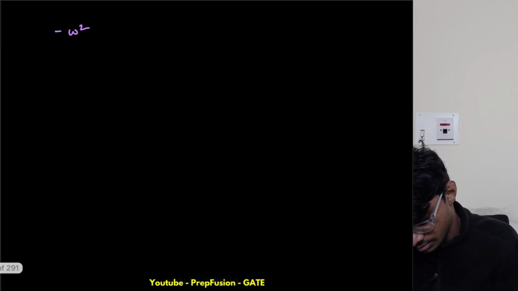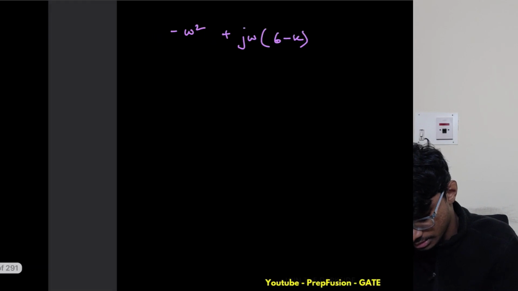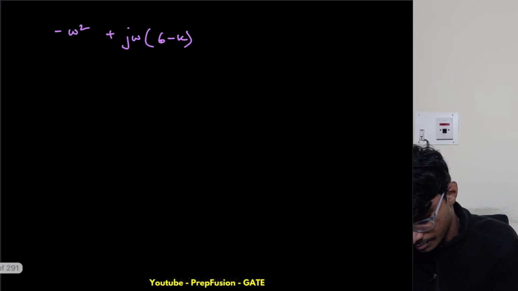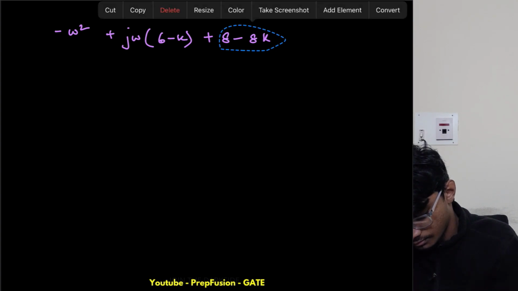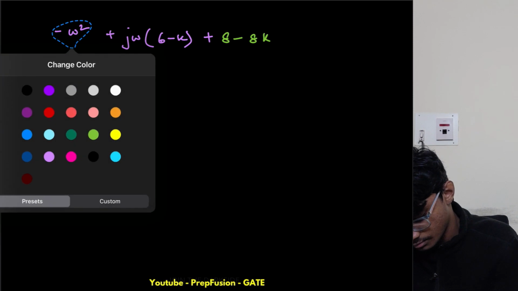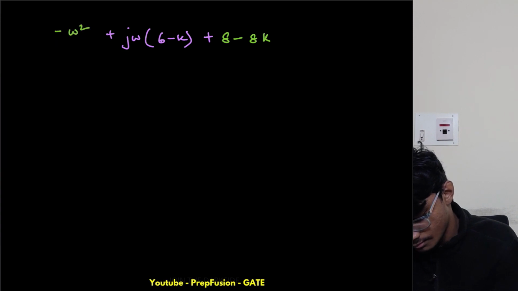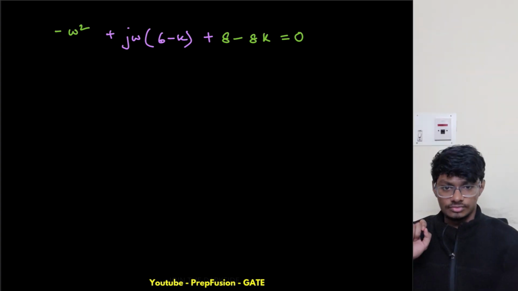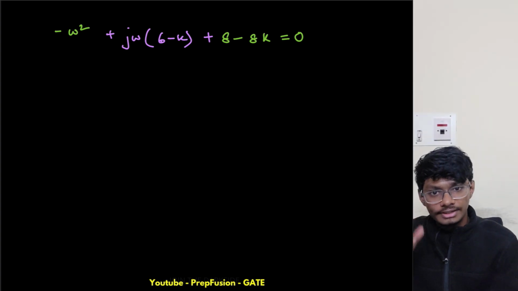So this will be minus omega square, this will remain j omega into 6 minus k, and this will be plus 8 minus 8k basically. Now we will equate the real and imaginary parts.